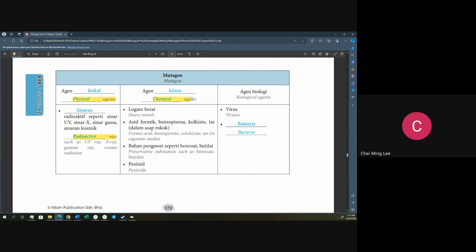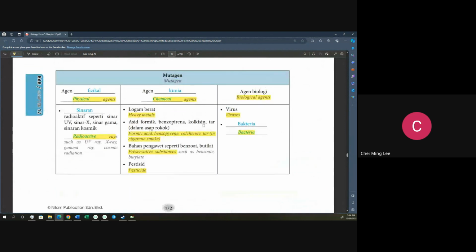Now for the chemical agent, normally it's due to heavy metal, formic acid, benzopyrene, tar which is in the cigarette smoke, and also some preservative substances like benzoate and butylate, and also some pesticide. Pesticide is also one of the mutagens. And as for the biological agent, normally it's due to viruses or bacteria.